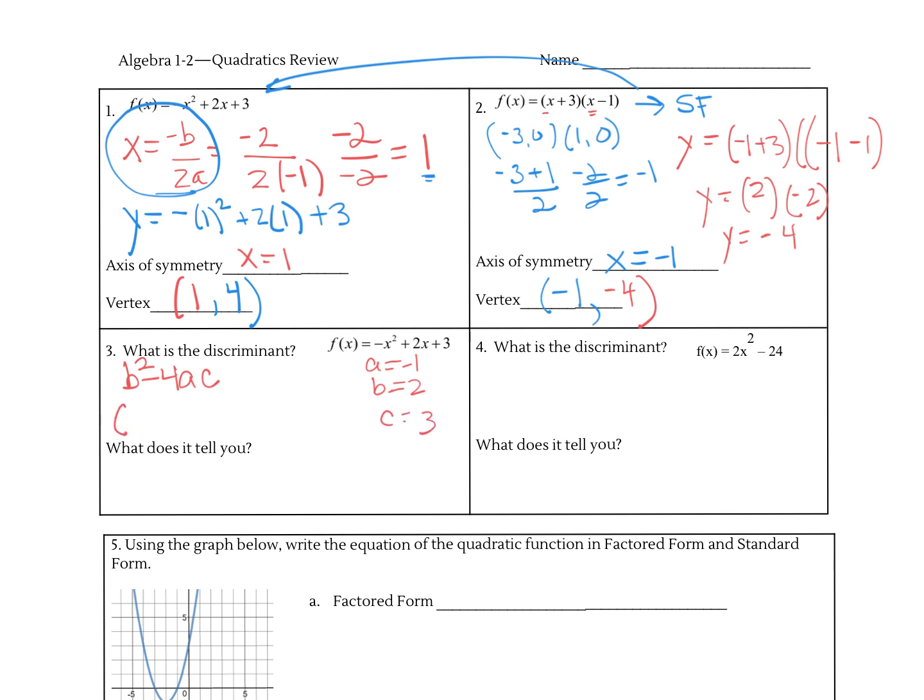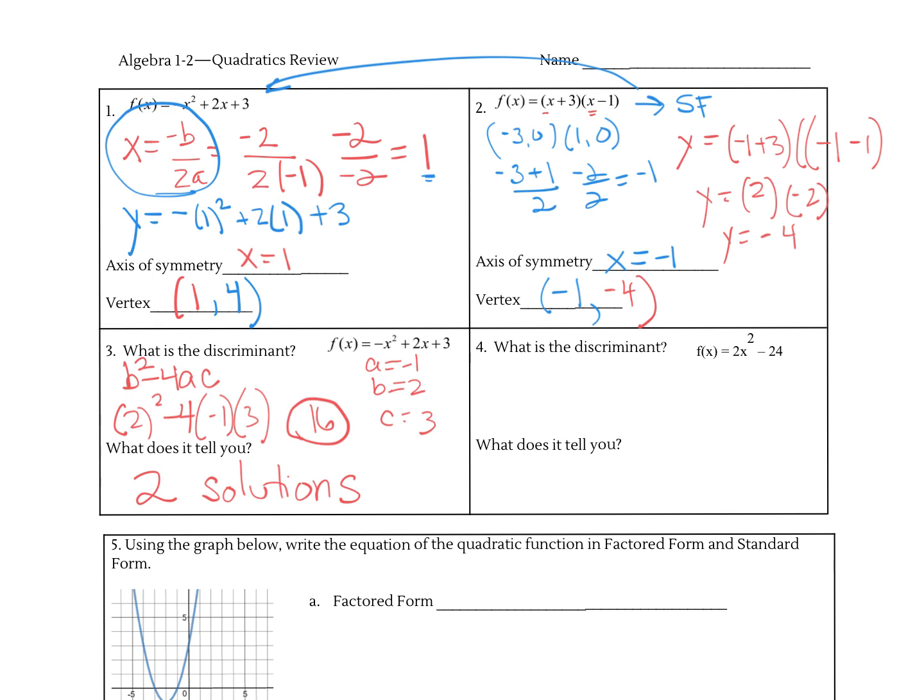If we plug in here, b squared, 2 squared, minus 4 times a times c, and use our calculator, our discriminant should be 16. Since that is a positive discriminant, it tells you that the quadratic formula is going to have 2 solutions.